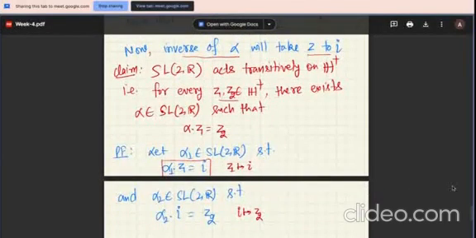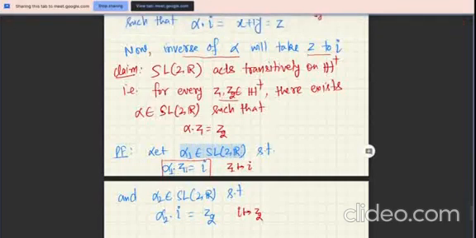That is, for every Z1, Z2 belonging to H plus, the upper half plane, there exists alpha belonging to SL2R such that alpha dot Z1 is equal to Z2. So let alpha 1 belong to SL2R such that alpha 1 dot Z1 is equal to I. So Z1 is going to I. And alpha 2 dot I is equal to Z2.